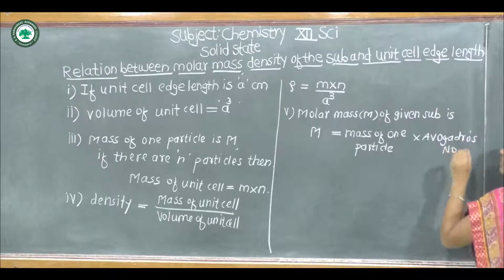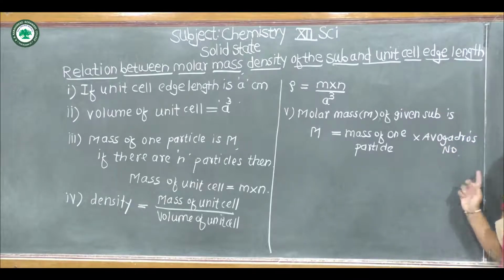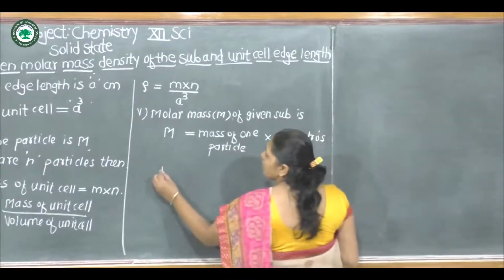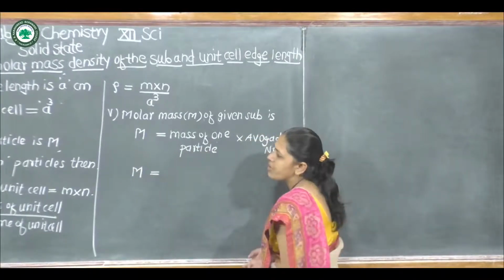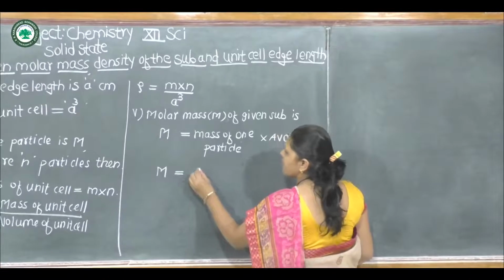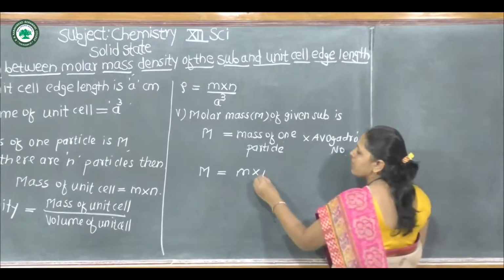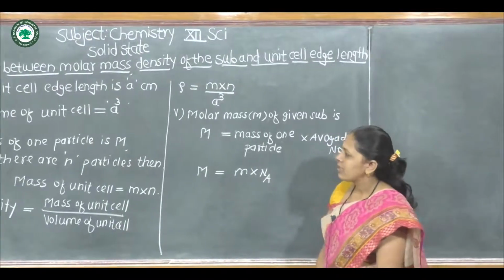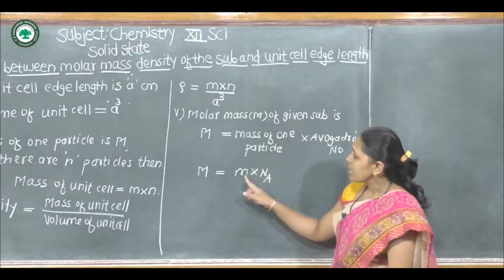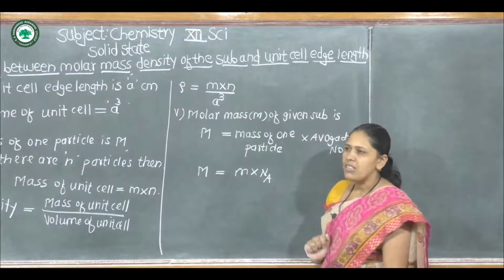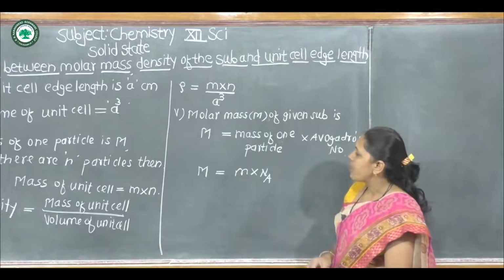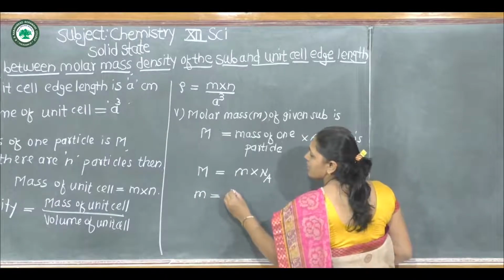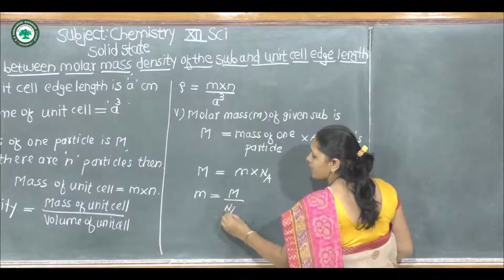What is Avogadro's number? The number of atoms or particles present in any 1 mole of a substance. Therefore capital M is equal to small m multiplied by Na. From this equation, small m is equal to capital M upon Avogadro's number.